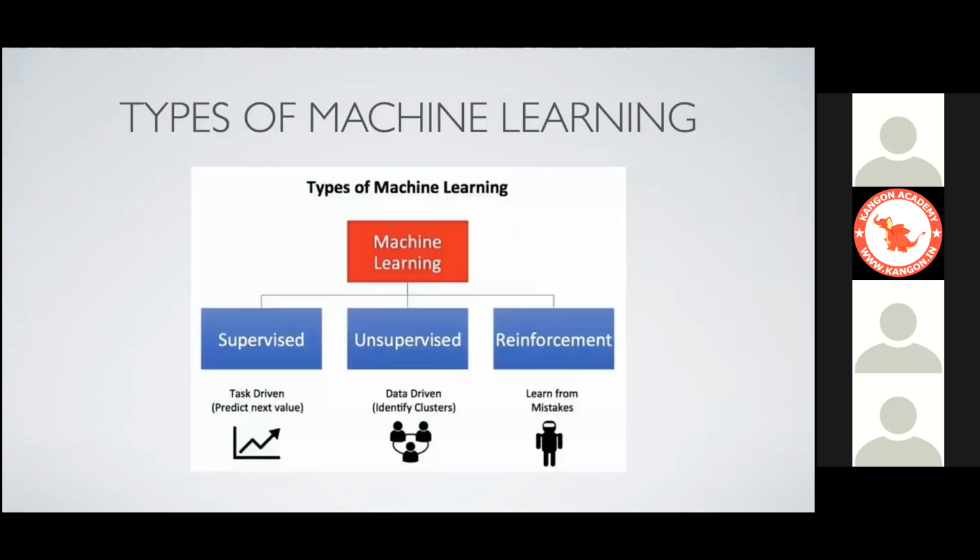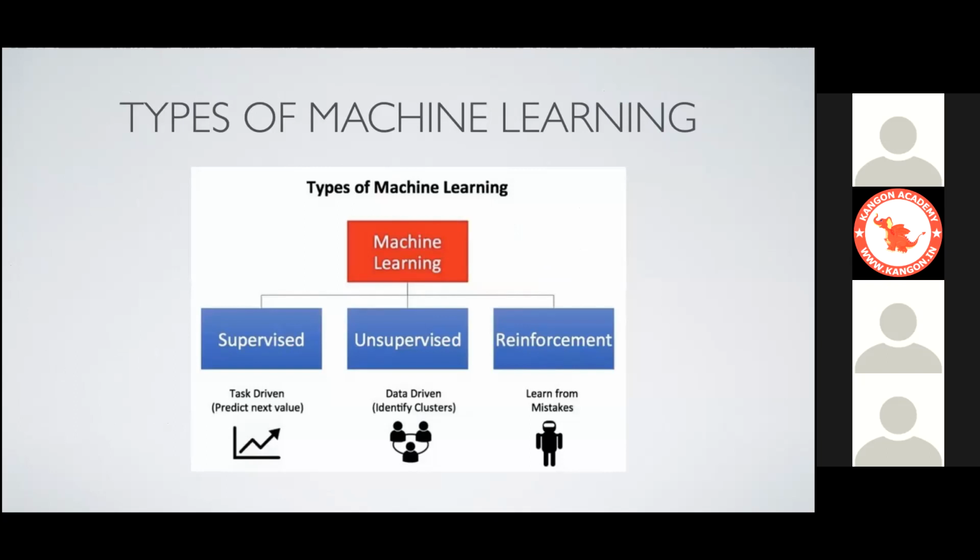So these are the types of machine learning. The first type is supervised machine learning, which is obviously task driven. That means what is the task, what is the target that we want to achieve, we can do it using supervised learning. Next is unsupervised learning, which is data driven. Like the data that we have, what we can find out from that data.